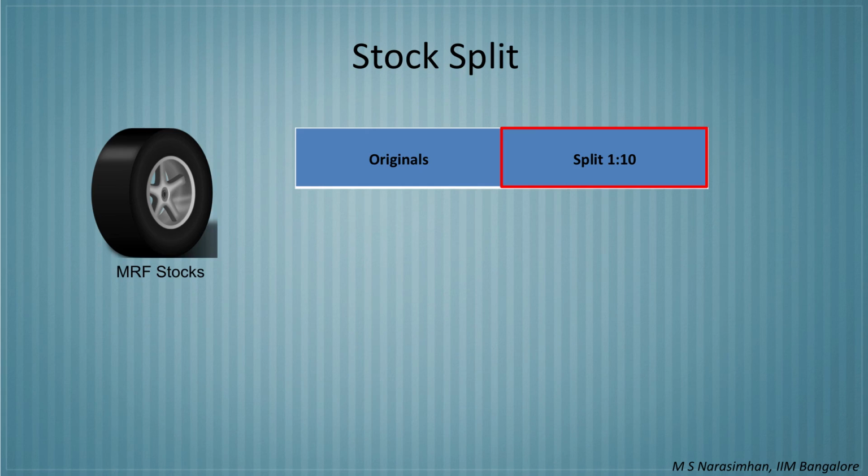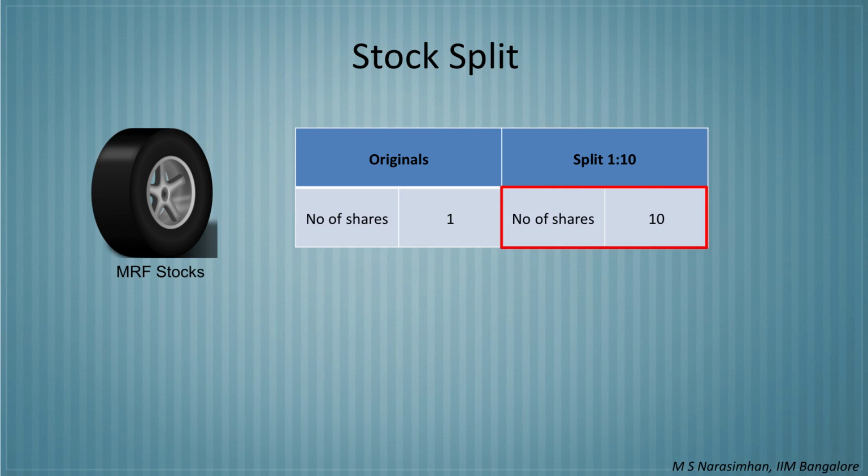Stock split is another term closer to the bonus shares. Actually, the purpose of both bonus shares and stock split is the same. In stock split, the face value of the share is reduced, but you get new shares. Suppose MRF decide to split the stock from 10 rupee to 1 rupee. It means your earlier 10 rupee share will get cancelled and you will get 10 shares of 1 rupee each.